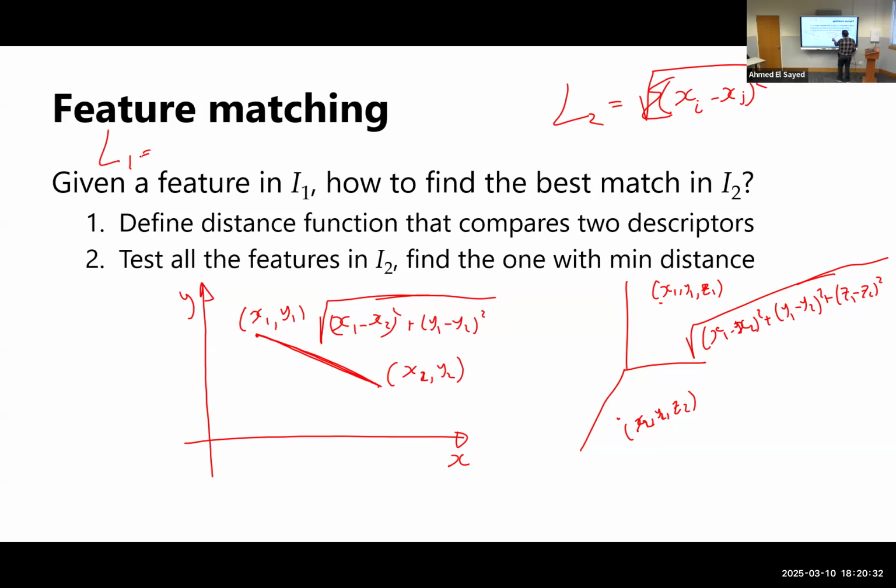So if I want to find the distance between those 2 points according to the Manhattan rule, I will find the absolute value of x1 minus x2 plus y1 minus y2. No square, no square root, just modulus.